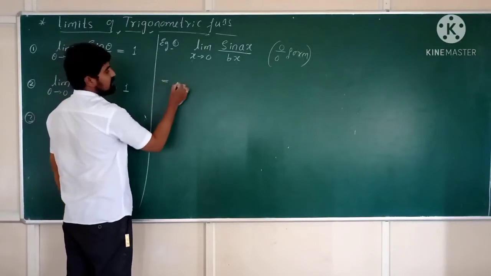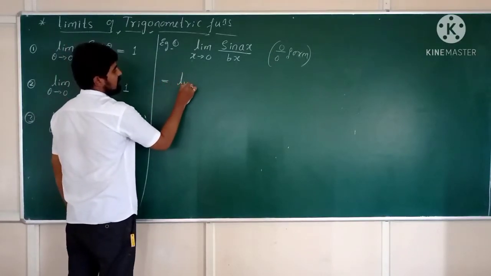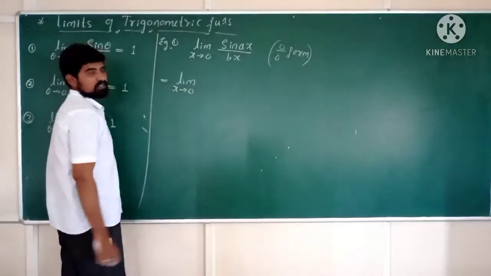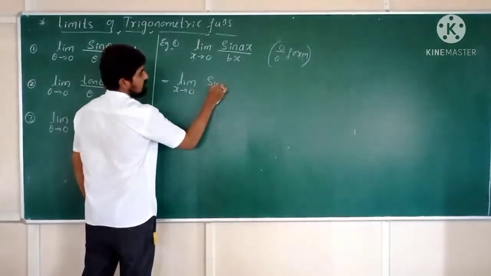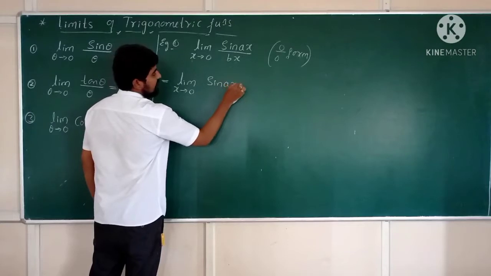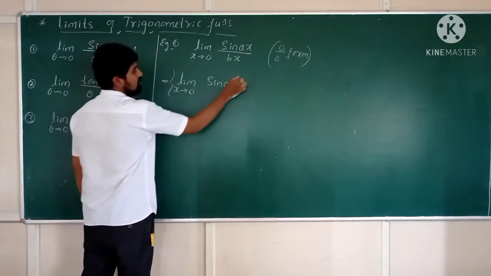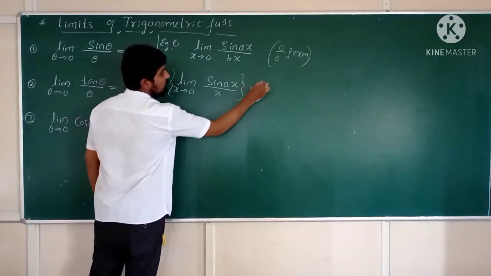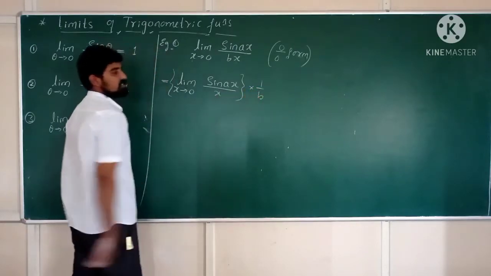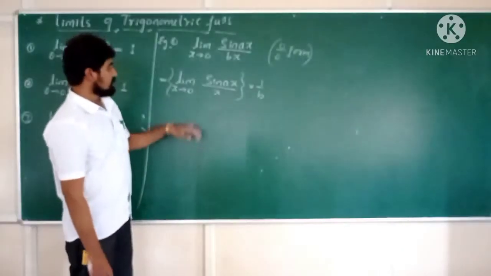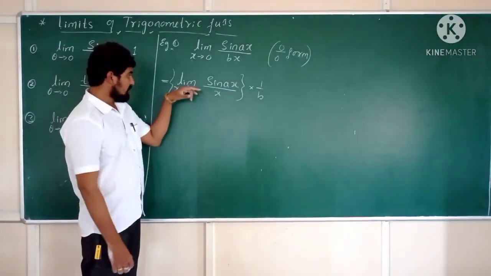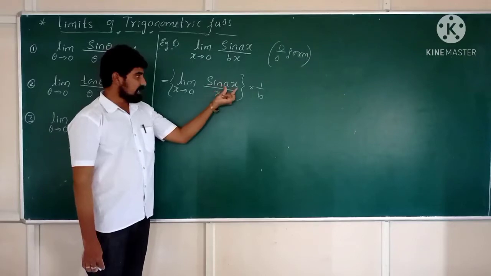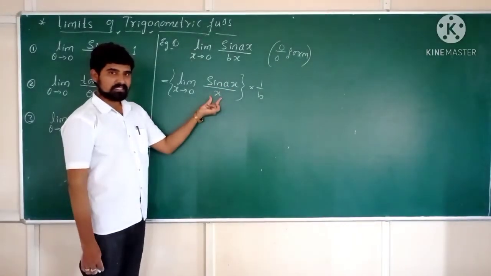So for that, this given function can be expressed as limit x tends to 0, sin ax divided by x into 1 by b, because b is a constant here. Now this is in the form of limit x tends to 0, sin ax divided by x.